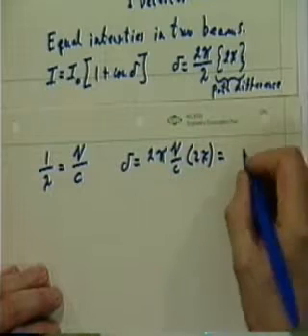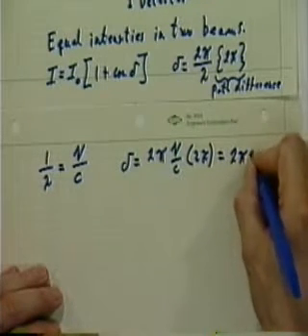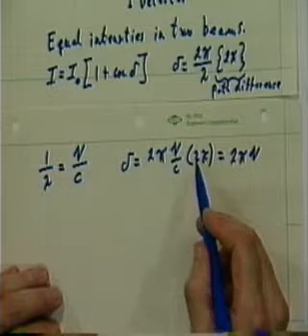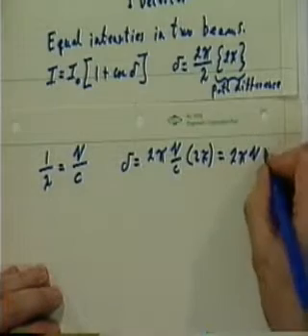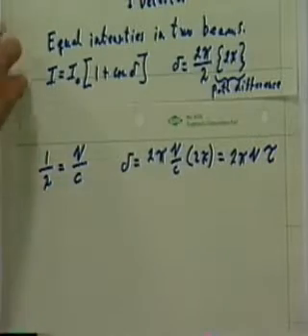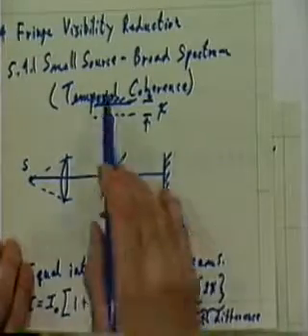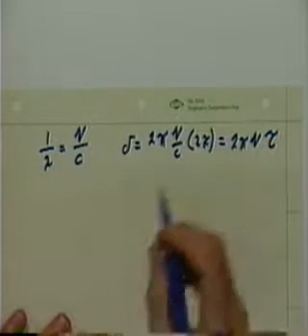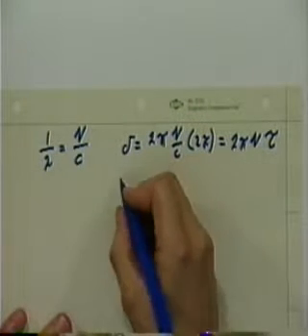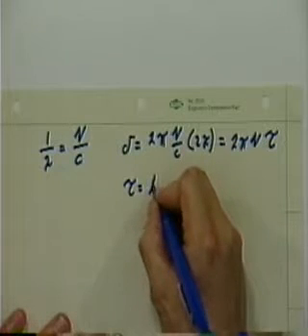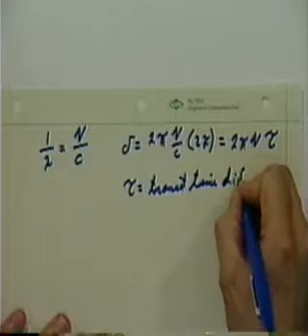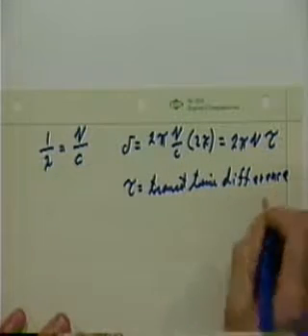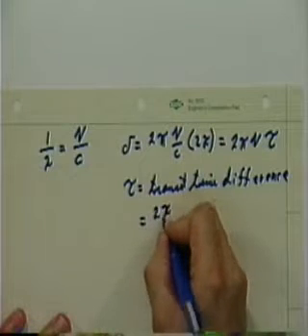And so that's 2 pi times nu, but the distance it travels divided by the speed is equal to the time. And this is the time difference that the light takes in traveling the two different paths. And so we're going to set that equal to tau. So that's the transit time difference, and it's distance over speed.